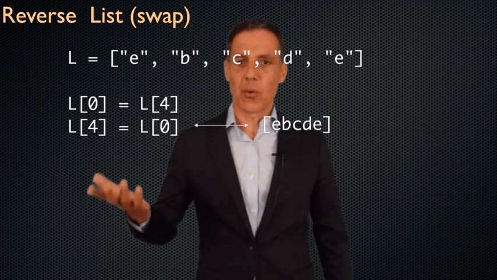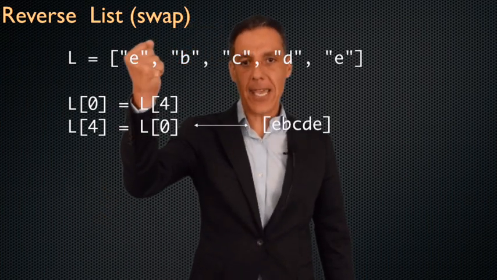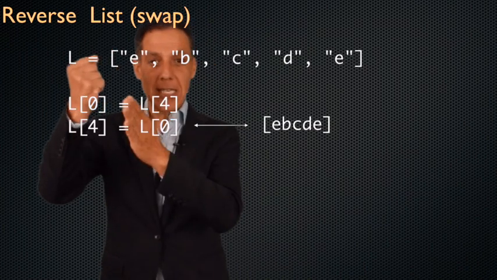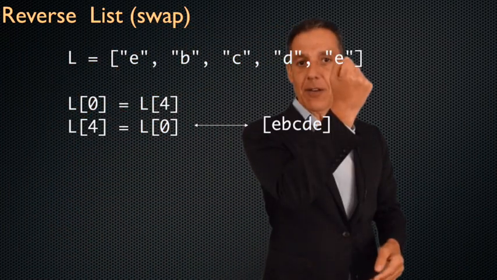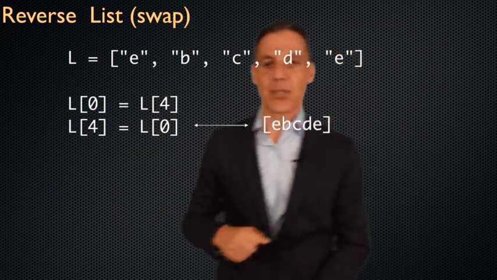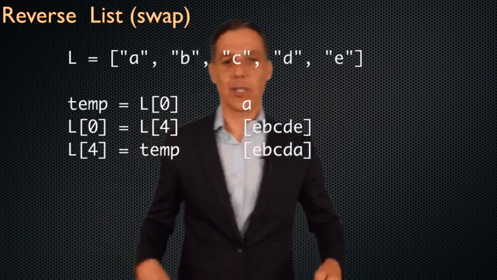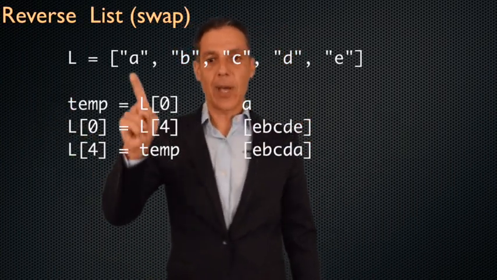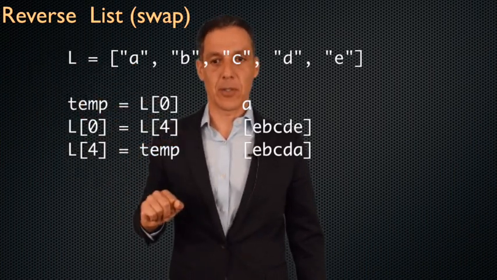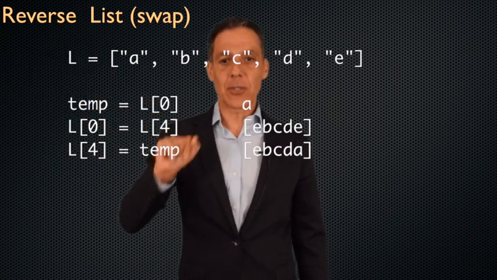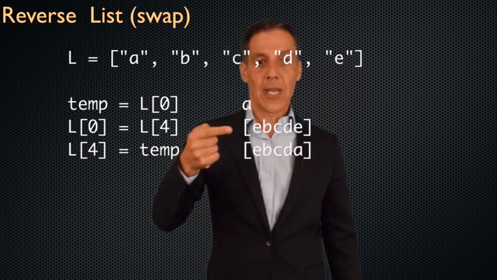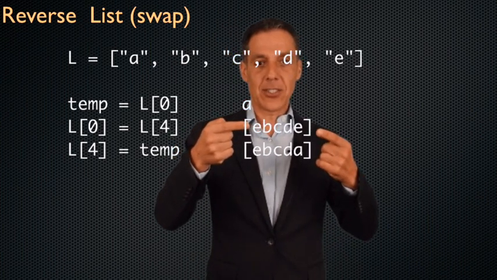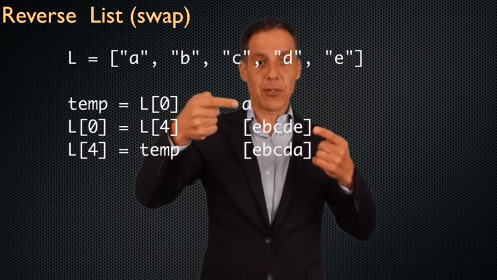And so what do we want to do? Well, we want to hold on to that A, overwrite it with E, and then shove that A back into that position. So what is that going to look like? Well, let's hold on to A. So temp is equal to L sub 0. It's a temporary variable. Now, when I write L sub 0 is equal to L sub 4, I've lost the A there, the E is still there, but I'm holding on to A in this temporary variable.